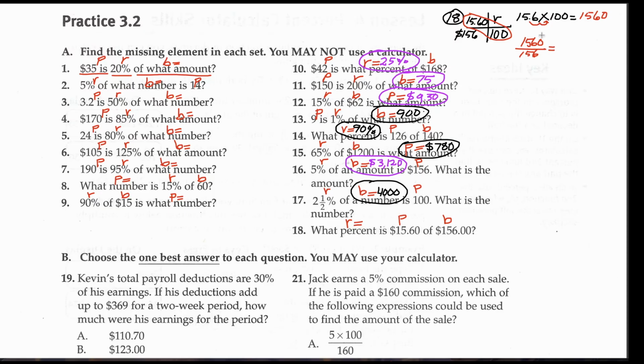We should know that 156 divided by 156 is 1 time. And 0 divided by 156 is 0 times. So in that case, it's a 10%. So R here is 10%. And circle the answer.